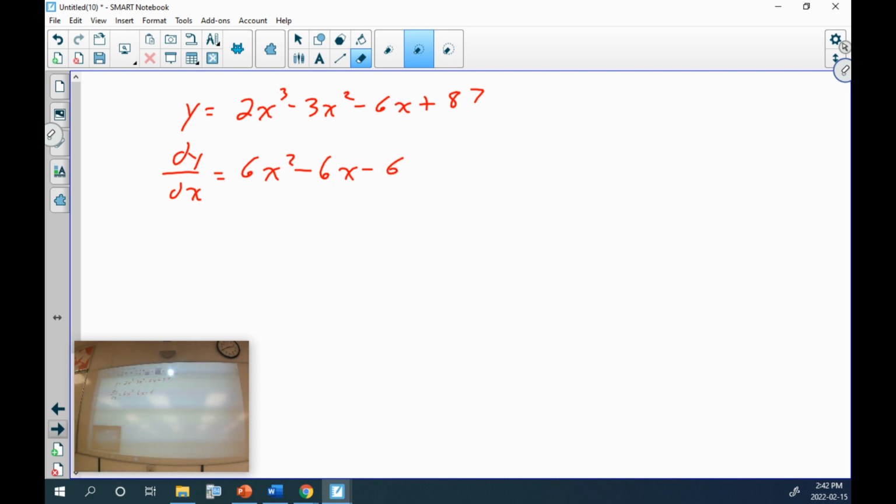And the derivative of the constant 87 is equal to 0. So we want 6x squared minus 6x minus 6. We want to know where that has a slope, at what point or points in this case, that equals 0. Instead of factoring, I'm going to take out a common factor of 6.